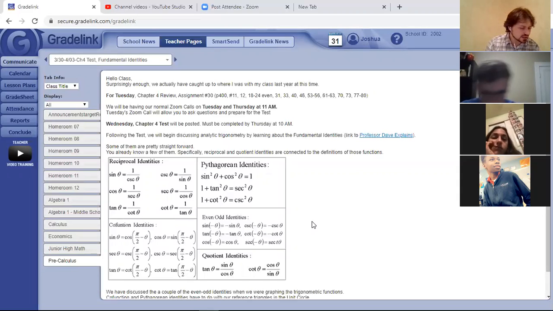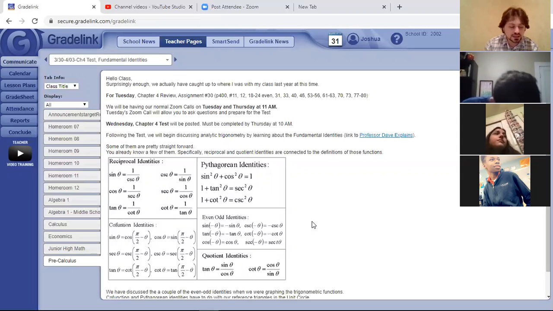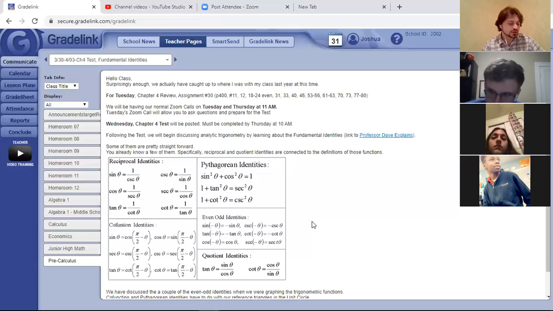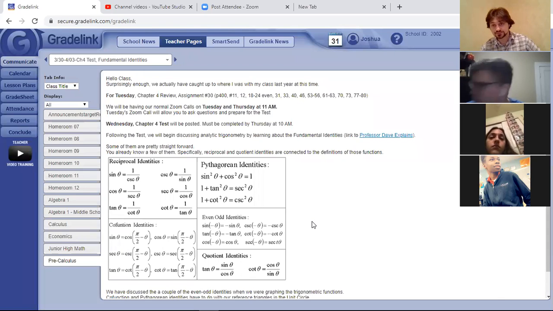31 and 33. Well, 31, it says evaluate exactly all 6 trigonometric functions of the angle, and then use reference triangles, not your calculator. So find all 6 and leave them in terms of square roots, because most of them will be in terms of square roots. The angles for 31, like 31 is one of the angles that's on your unit circle.